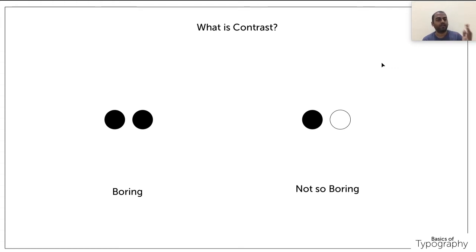It might be a color, or rather the fill, and here it is only a stroke. So there is something different in this factor. One is definitely not the same as the other. The first one is definitely boring, the second one is not so boring. So there is some amount of contrast in this second circle.